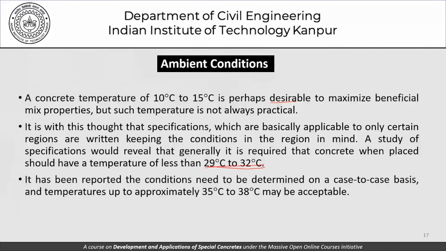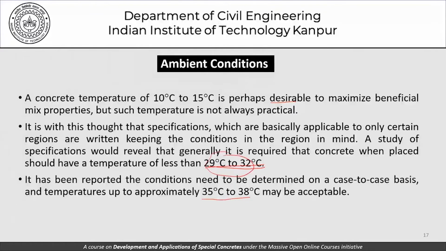It has been reported that conditions need to be determined on a case-to-case basis, and temperatures up to 35 to 38 degrees centigrade may be acceptable in certain cases. See, what happens is that at the end of it, an engineer might take a view that, given these conditions, I will permit a slightly higher temperature in concrete because it is uneconomical or technically not possible, given the conditions of a site, to bring the temperature to this range.